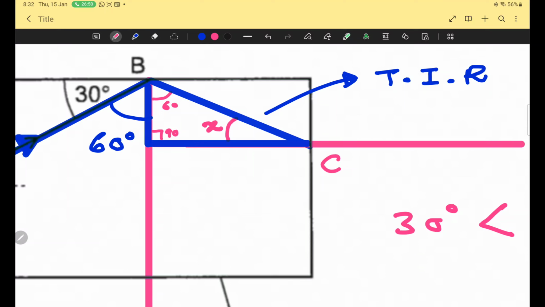So if I write x for this angle, then 60 plus 90 plus x is equal to 180, and x will be 30 degrees. Or simply, in a right angle triangle you can calculate the third angle very simply: 90 minus 60, the third angle will be 30 degrees. Beta Faria, is it clear?